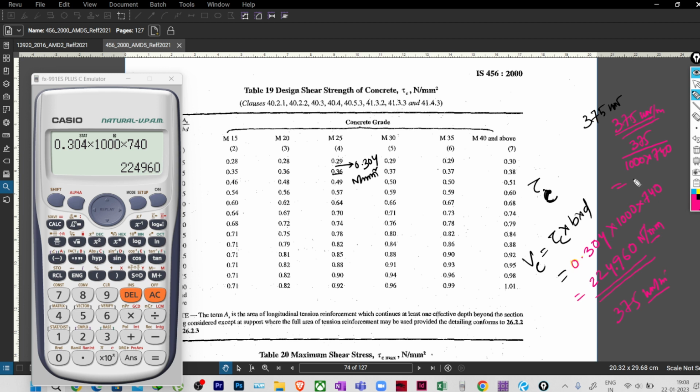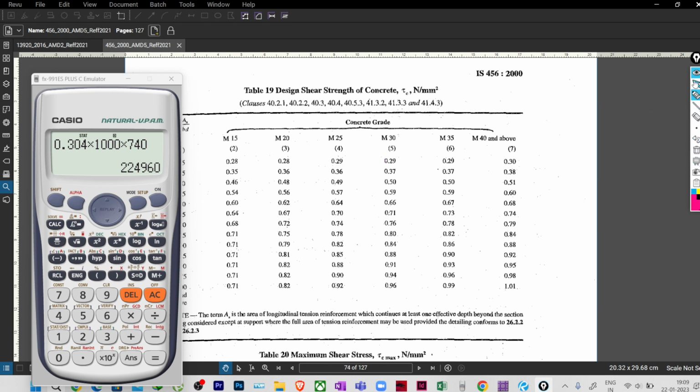We are getting 0.506 Newton per mm square. Okay, so you can see this is greater than this value, so then also it is not okay. So we have to increase the depth here.